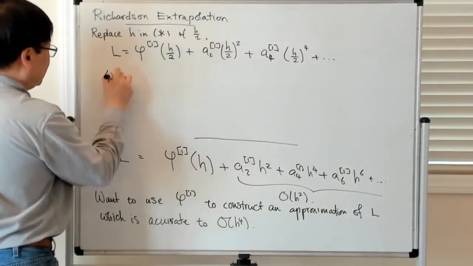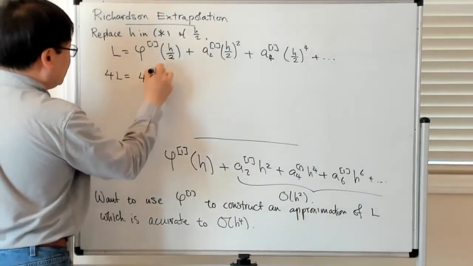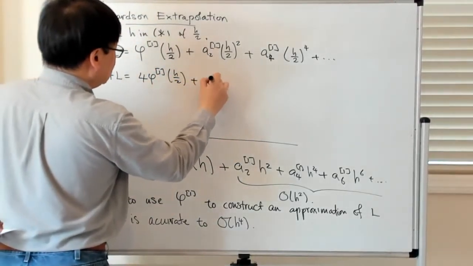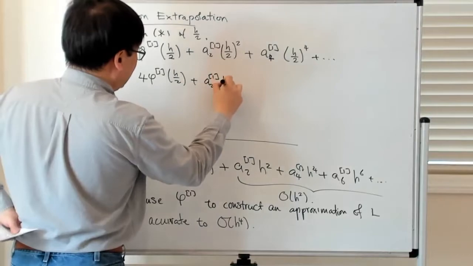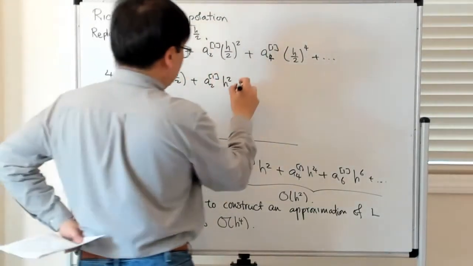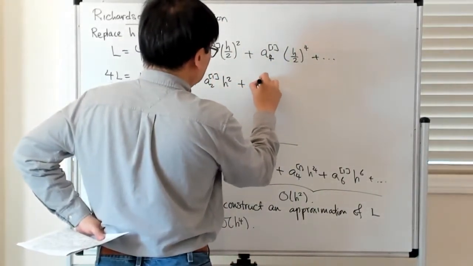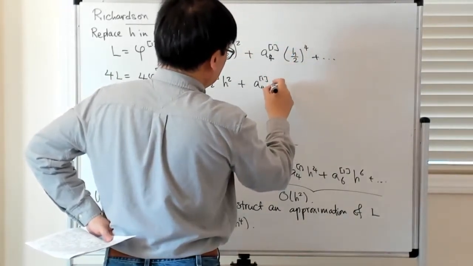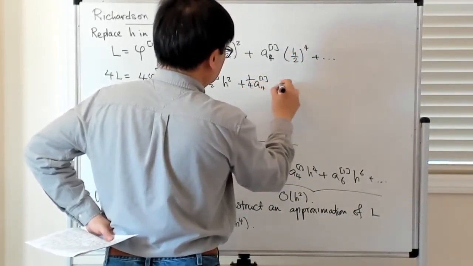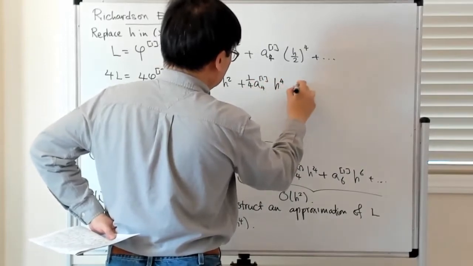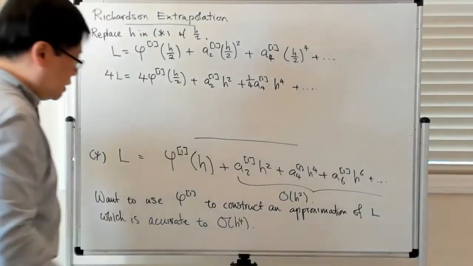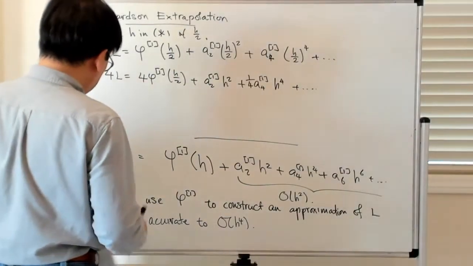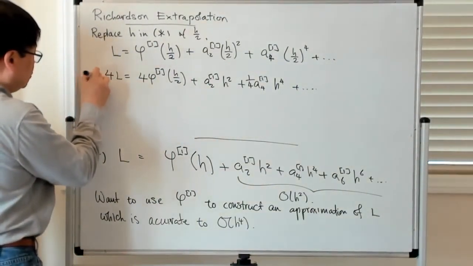So that's 4L is equal to 4 phi 1 of h over 2 plus a21 h squared plus a41 times 1/4 h to the 4 plus higher order terms. Now I'm going to call this equation 2.